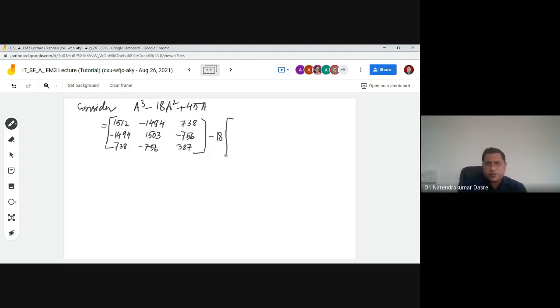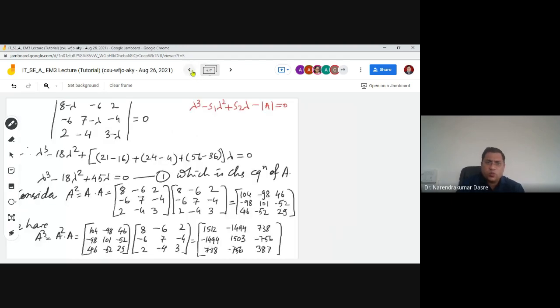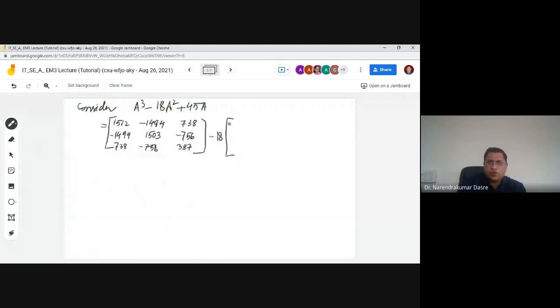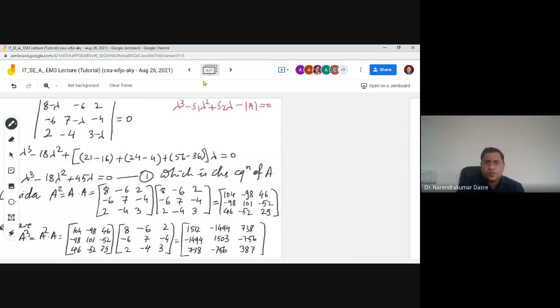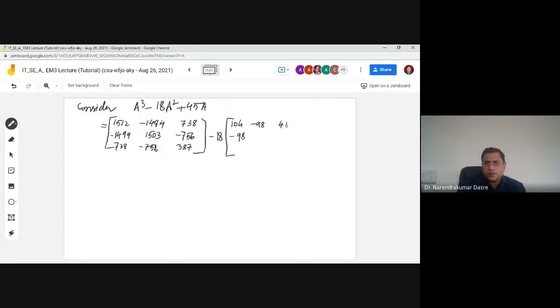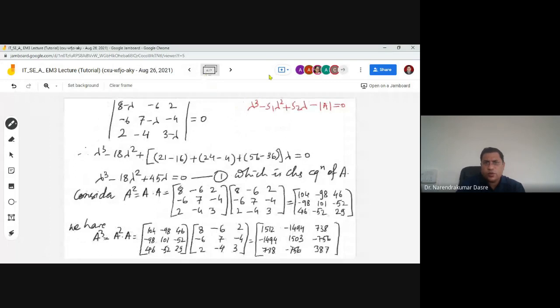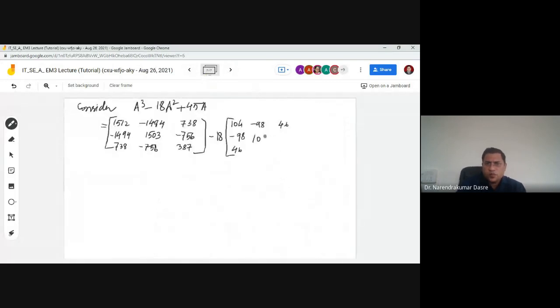Minus 18 times A square now. So we have 104, minus 98, 46, then 101, minus 52, and 29.